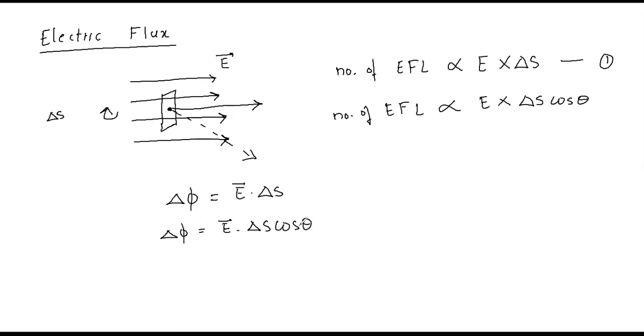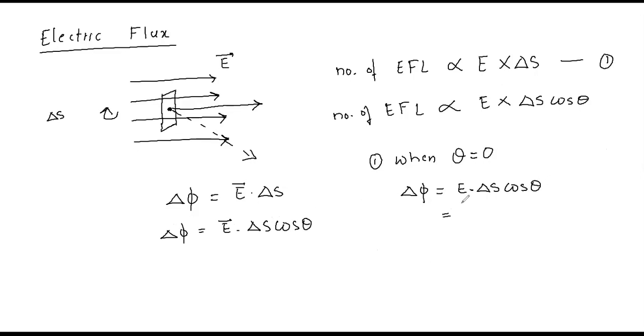Now let us consider some special cases. The first one is when theta is 0. Delta phi is equal to E into delta S cos theta.